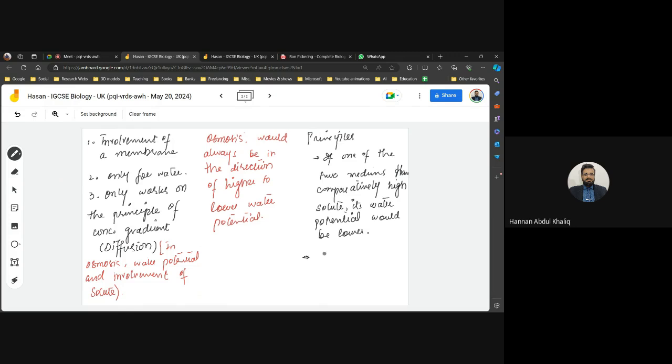Second, the water would move where the solutes are higher. So these two principles would help you a lot.